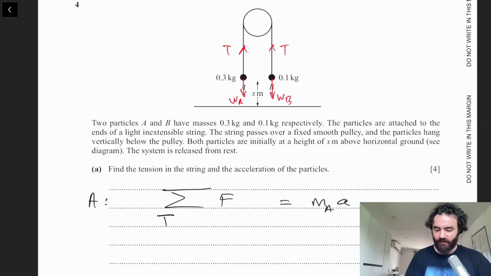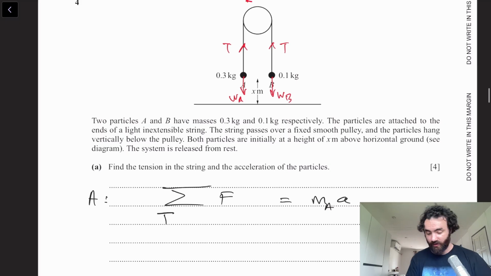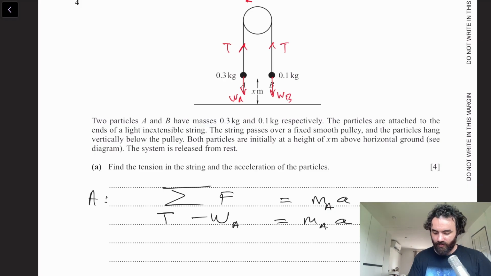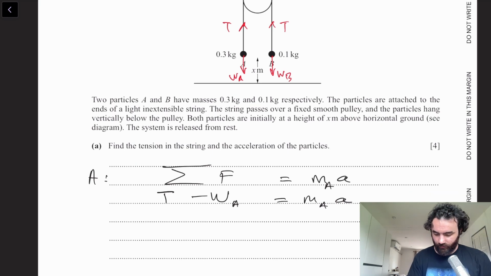Because there's no friction, the system will accelerate up this way and down this way, because this mass weighs more than this one. So tension minus WA equals the mass of A times the acceleration. Seems all good to me.